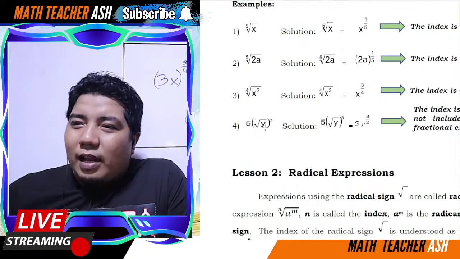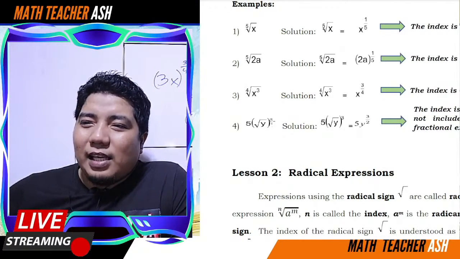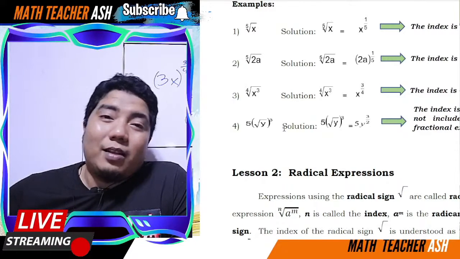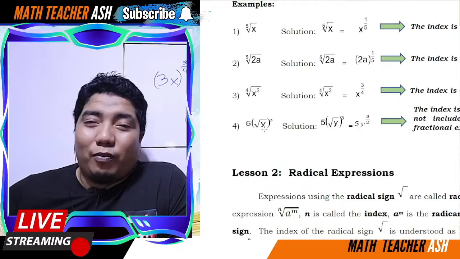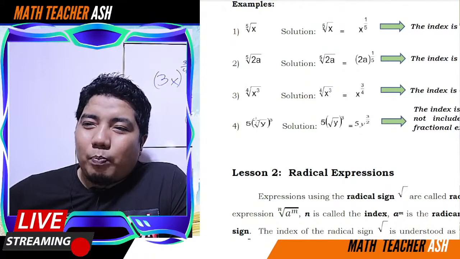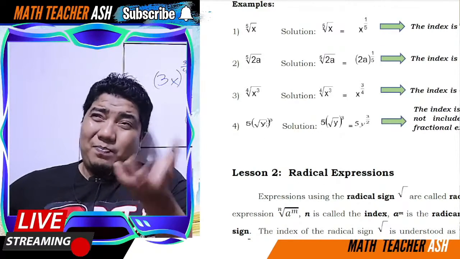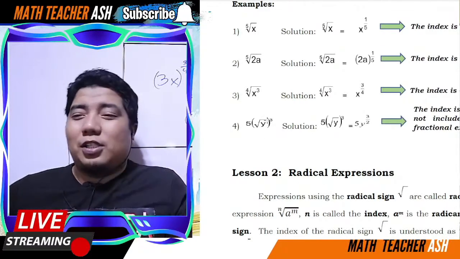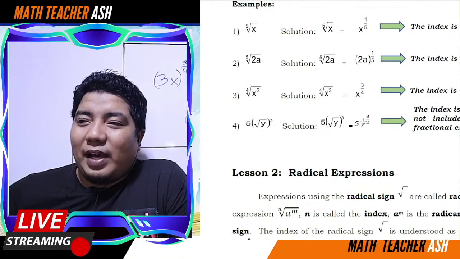Okay. Now, let's be careful here, my dear math learners. As you can see, sino ang ini-exponent ni 3 dito? That is only the square root of y. So, therefore, si y lang dito ang pwede nating bigyan ng conversion sa exponential form. So, we just copy the 5, okay?